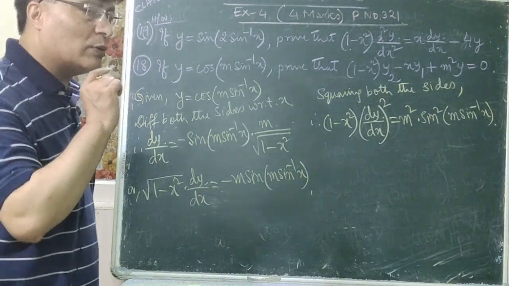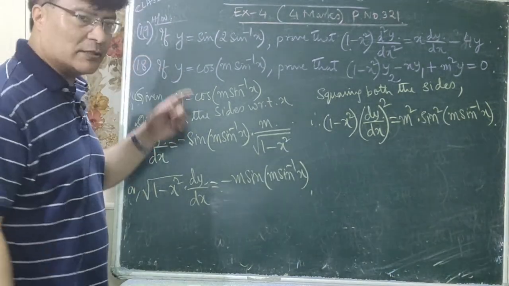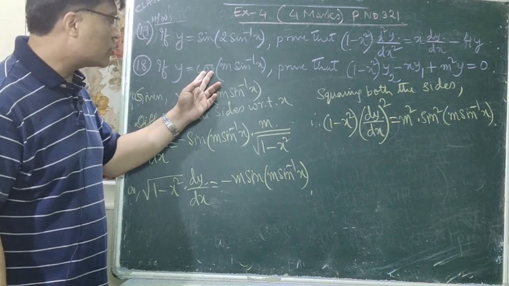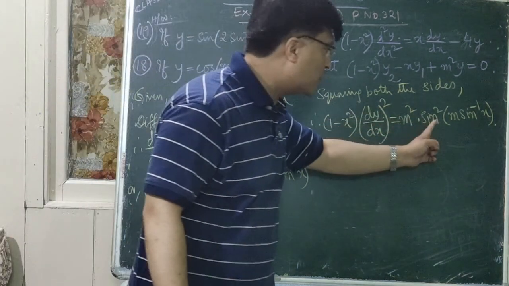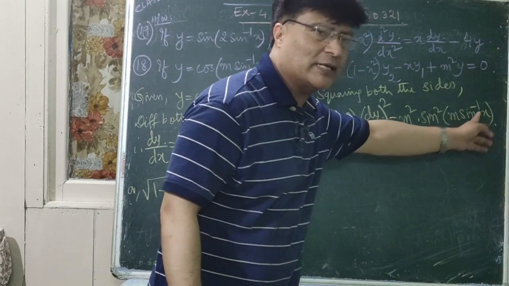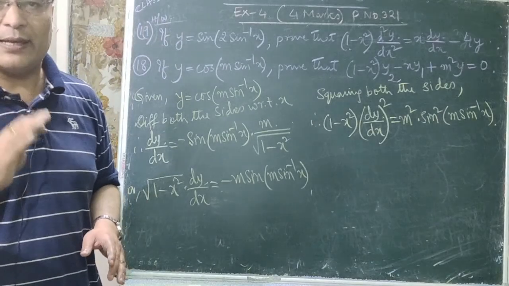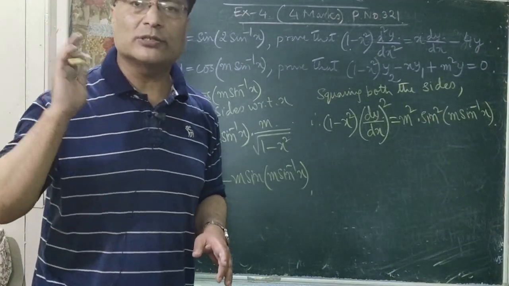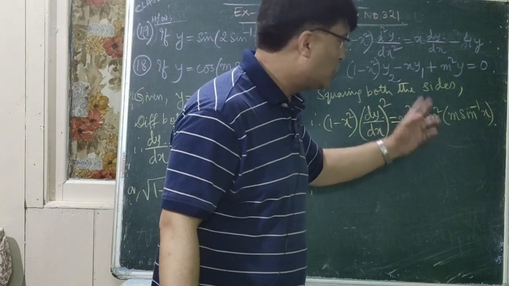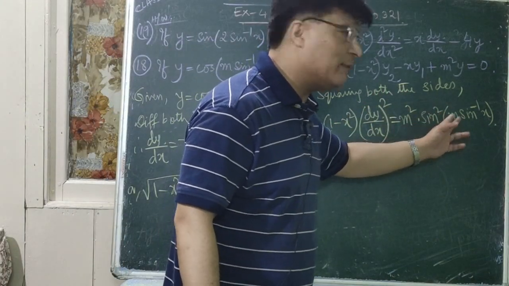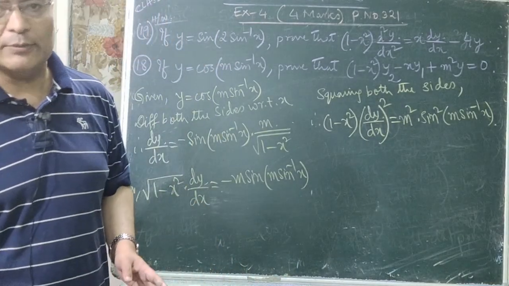Okay, now let us simplify it again before differentiation, because if you have cos of m sine inverse x, you can write y, so you can convert this sine square m sine inverse x in terms of cos, as you know that sin square x is equal to 1 minus cos square x. You know this formula, isn't it? So similarly, you can convert this sin square m sin inverse x into 1 minus cos square m sin inverse x.